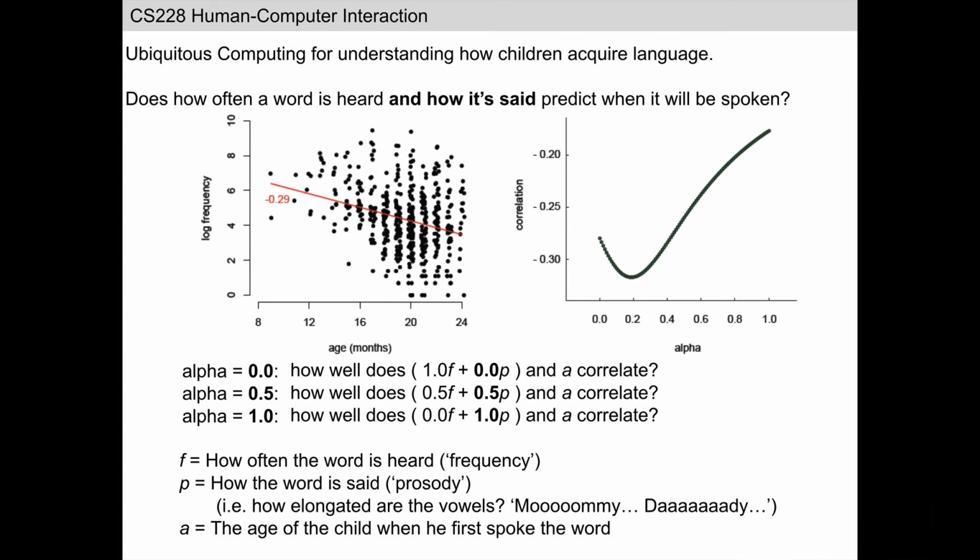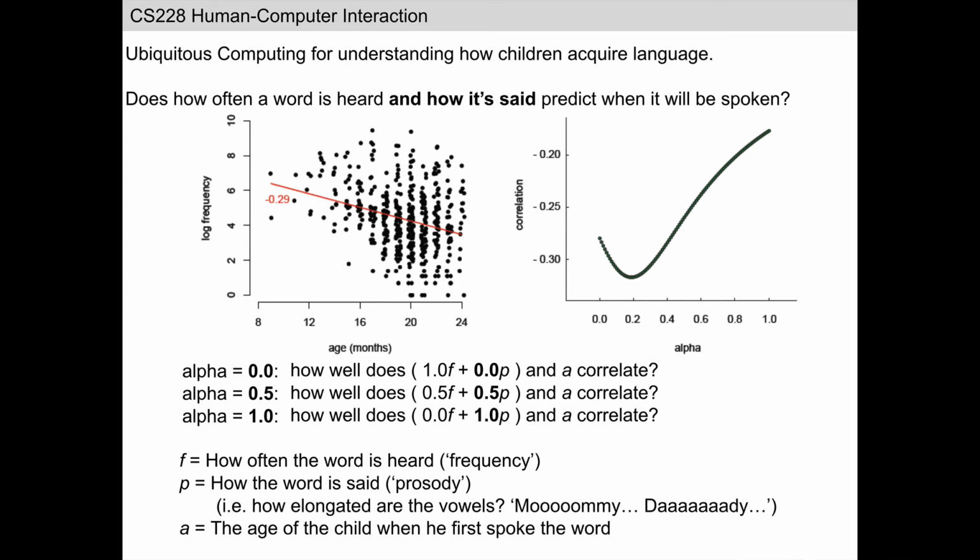In baby talk, at least in English, we tend to take a word and exaggerate the vowels. Mommy, daddy. So if you capture a word from the audio feed, you can measure the length of the vowel sound, again by using these spectrographs.